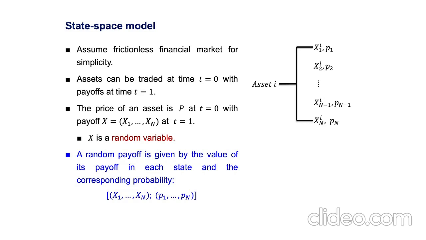Mathematically, we can write it as a payoff vector, with each element of the vector denoting the payoff in that state, x1 to xn, together with the corresponding probabilities, p1 to pn.